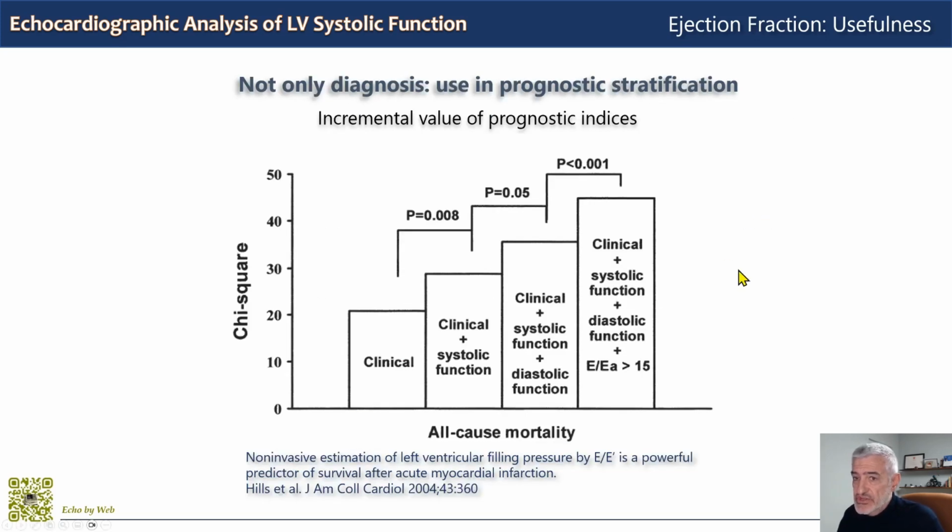And ejection fraction has been an important determinant of patient prognosis on top of the clinical evaluation that meets New York Heart Association here. There is a large consensus in the literature and it is widely used for this. On top of ejection fraction, we see the value of diastolic function and filling pressures here.